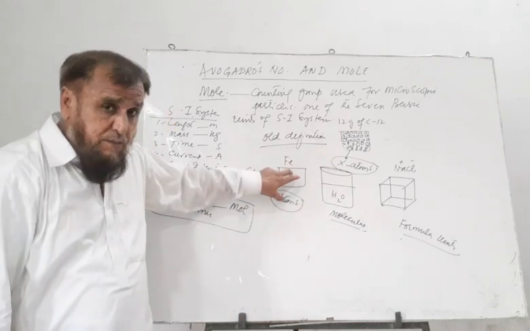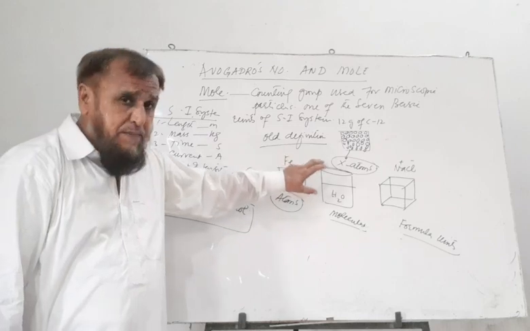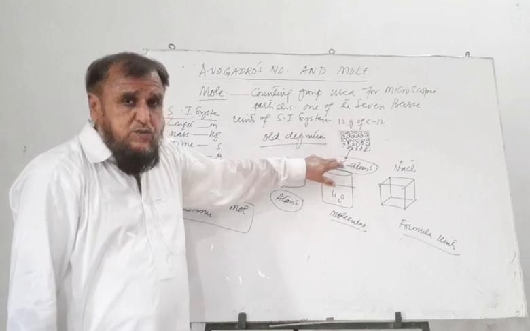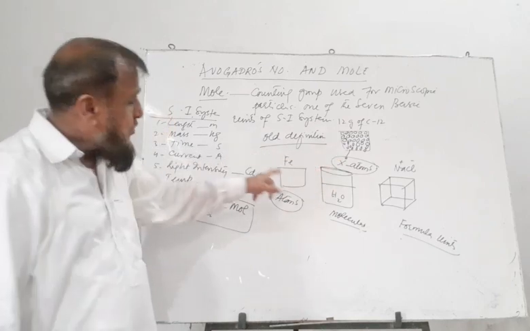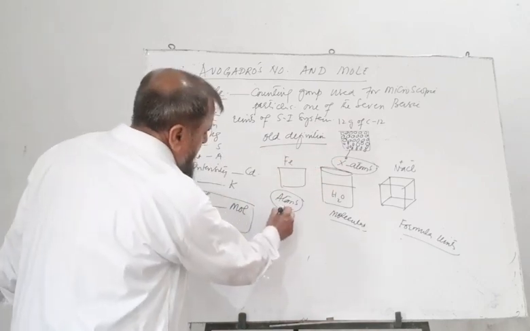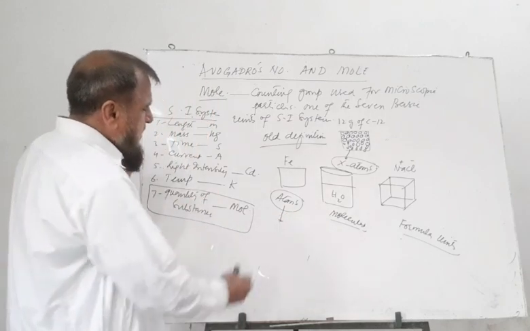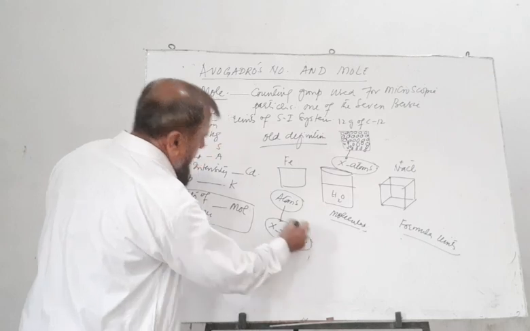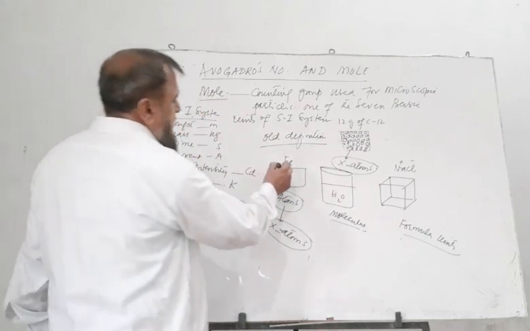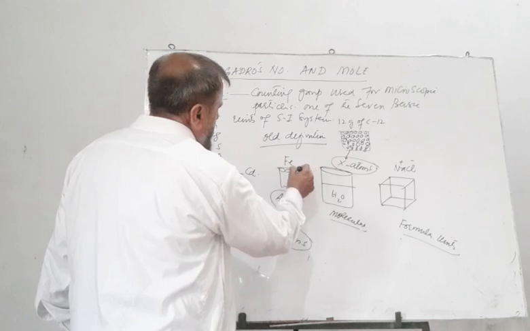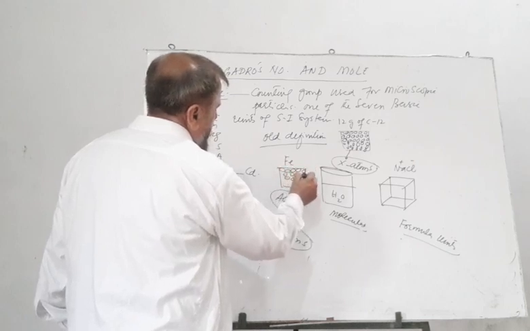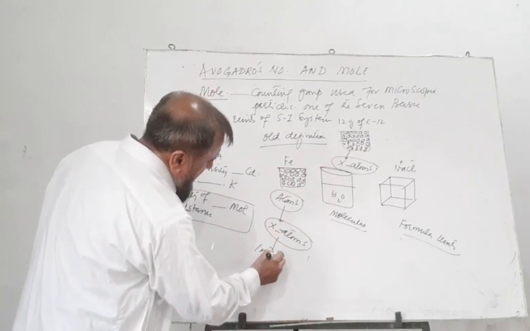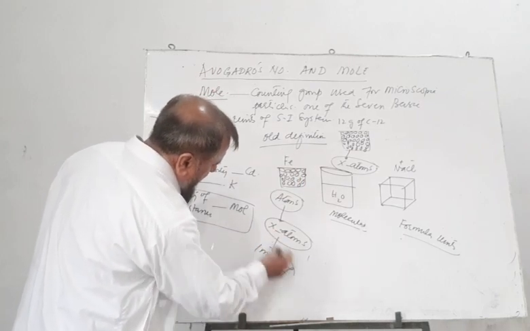So 1 mole of iron means that quantity which contains X atoms of iron, because there are X atoms in carbon 12 and it also contains X atoms, thus it is called 1 mole of iron.